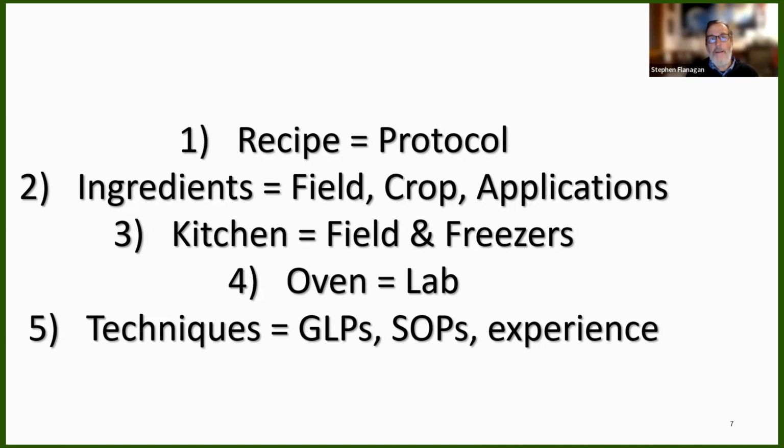And maybe the oven is the actual lab where we cook the samples and we look at them. And then the techniques really are the GLPs, the SOPs, the operating procedures, and really the techniques are your experience as a field researcher, knowing that crop, knowing how to grow that crop, knowing how to successfully conduct a research trial that's going to get the cake that you want.